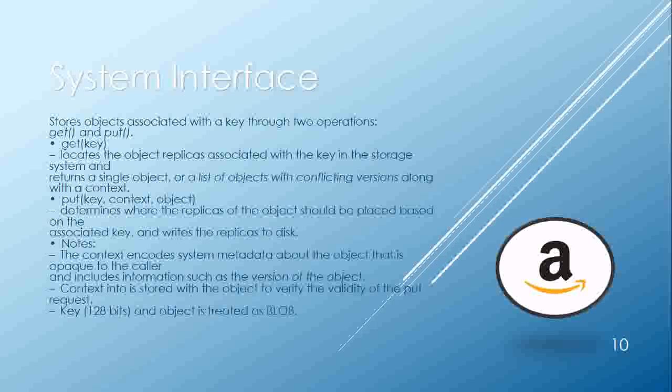The context encodes system metadata about the object that is opaque to the caller and includes information such as the version of the object. So as you see, context info is stored with the object to verify the validity of the put request, which is a 128-bit key, and the object is treated as a blob.